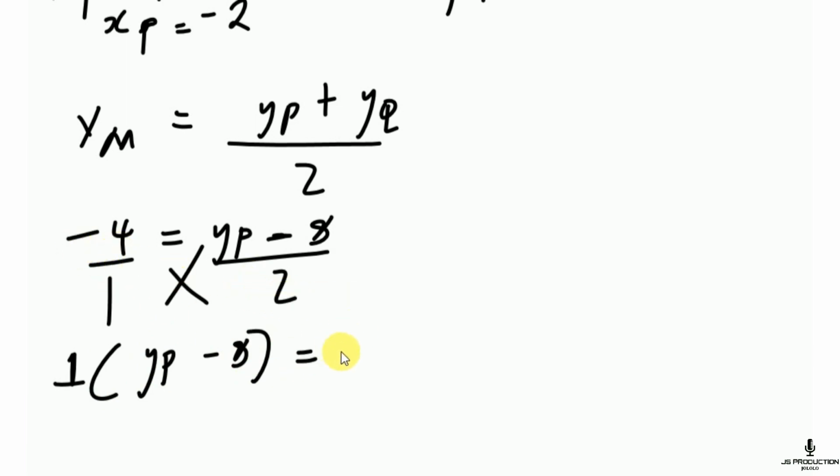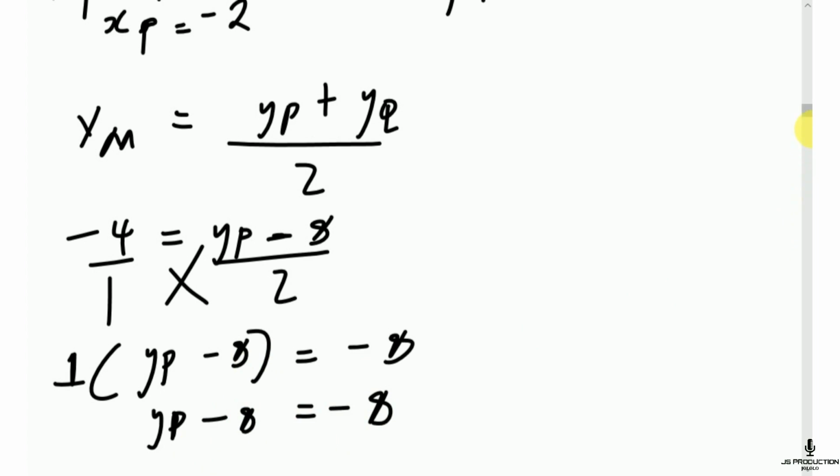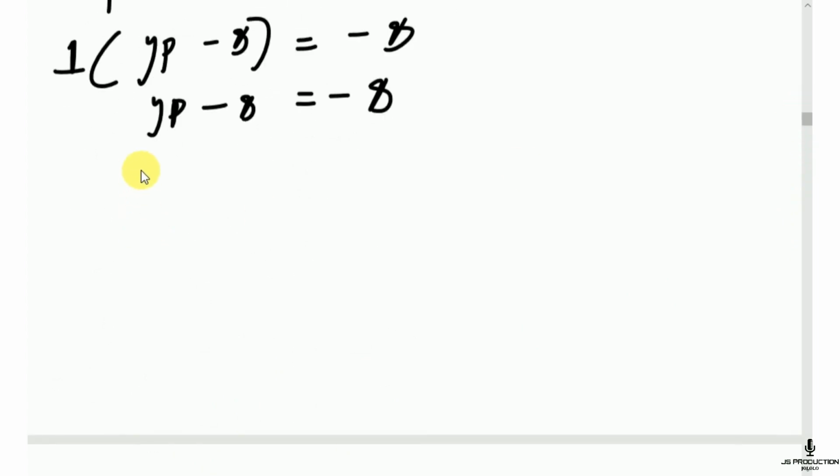We're going to have negative 8, and to open up the brackets we multiply 1 with everything inside. So 1 multiplied by yp gives yp, minus 1 multiplied by 8 gives 8, is equal to negative 8. And from that we can collect the like terms. We can say yp is equal to negative 8 plus, when negative 8 goes to the other side it will be positive, so plus 8.